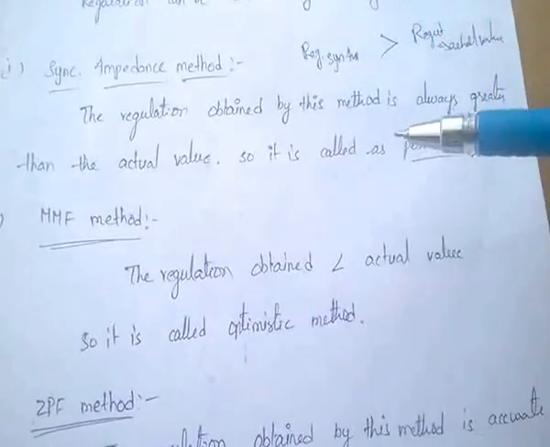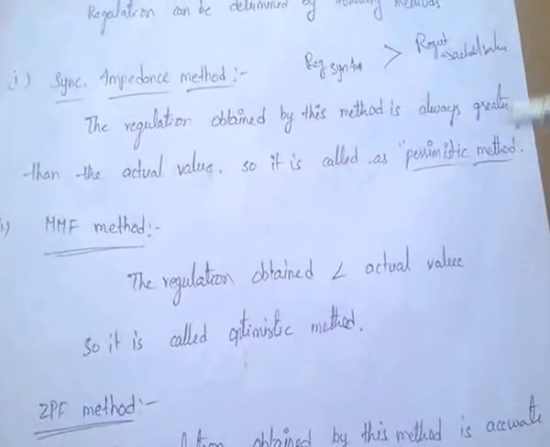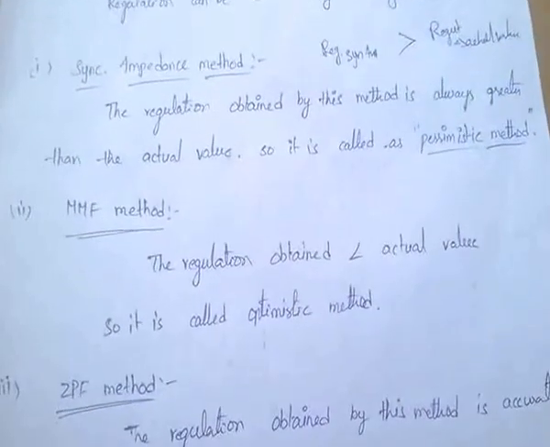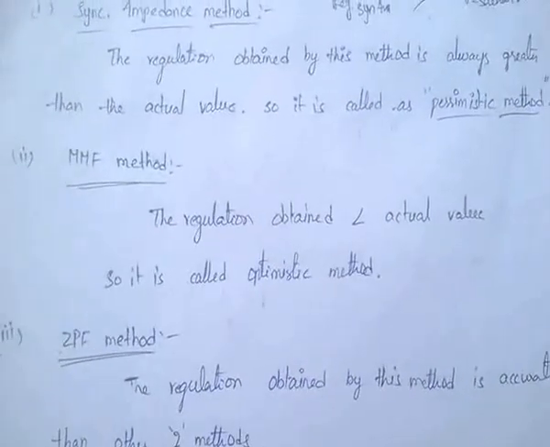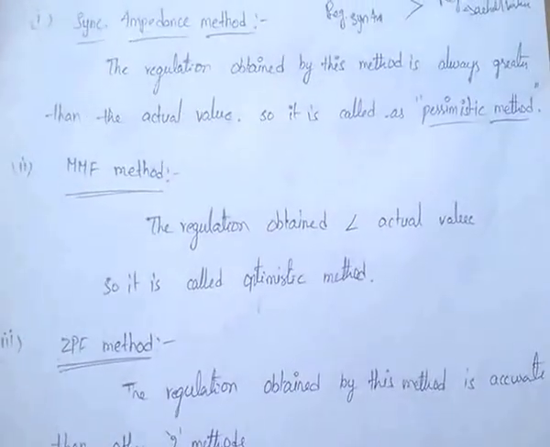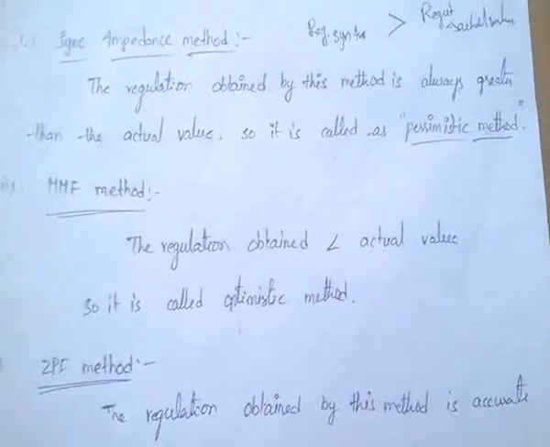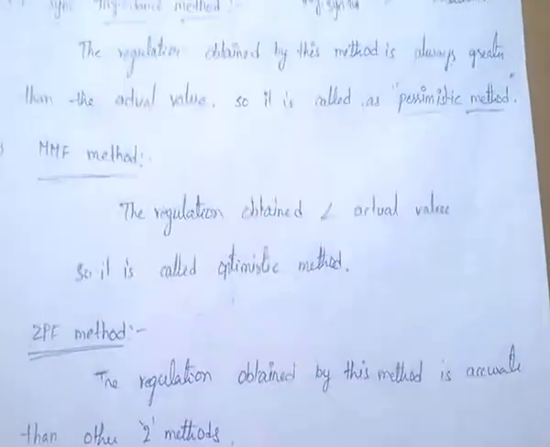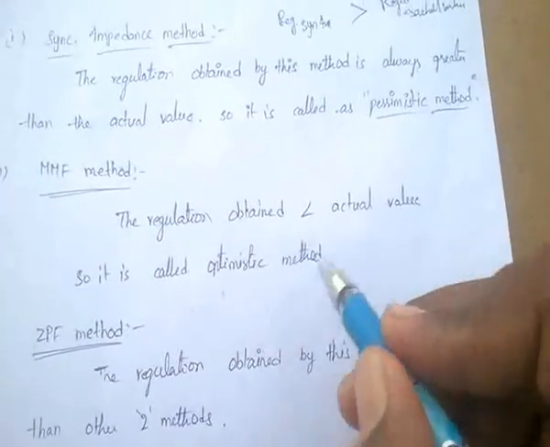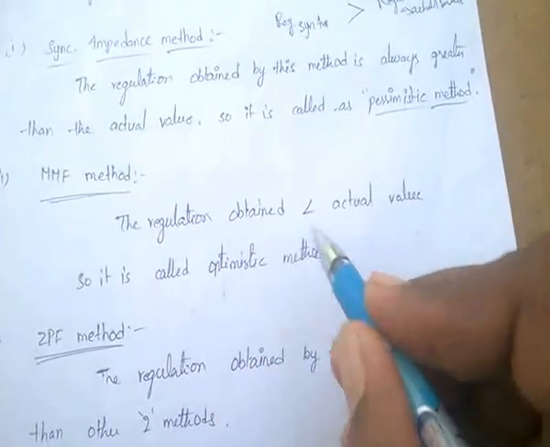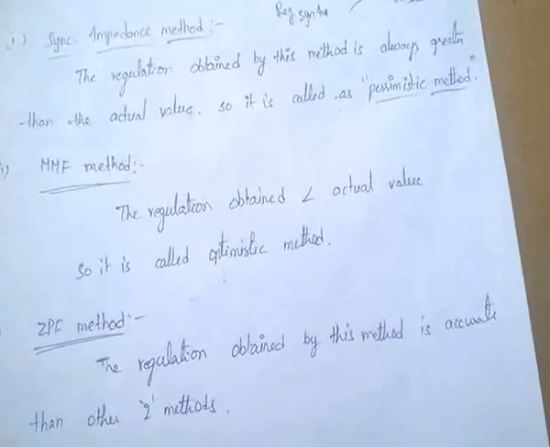Which of the following methods is a pessimistic method? It is nothing but the synchronous impedance method. And in case of the MMF method, the regulation obtained is always less than the actual value, so it is called the optimistic method. Very, very important.